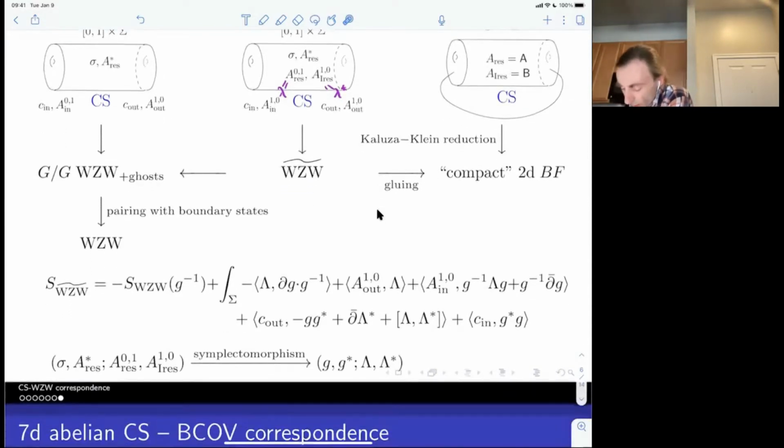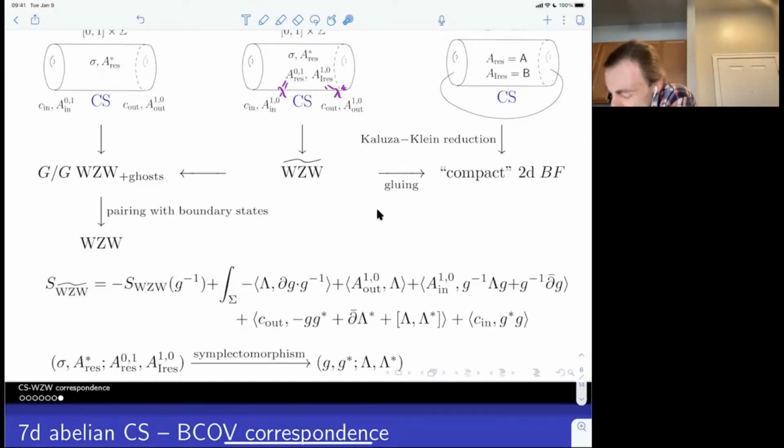And with a good change of variables on the space of residual fields, it's related to the WZW action, which again interacts with this more complicated system of residual fields and also the boundary fields. So the beta gamma term in the abelian case is this term, and it also contains some interaction with ghosts. And again, it satisfies the quantum master equation.